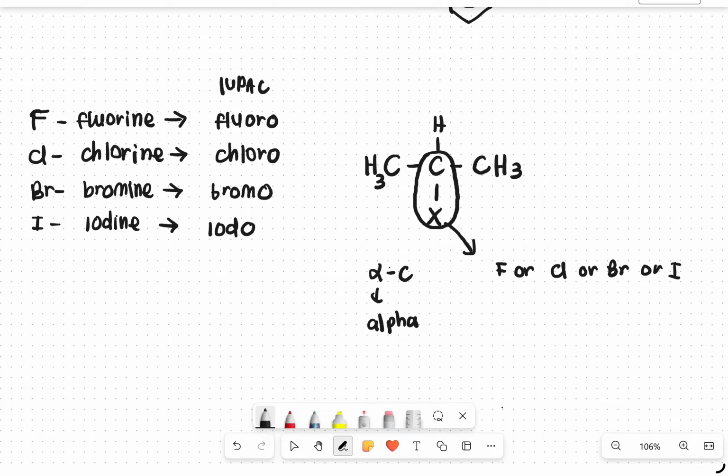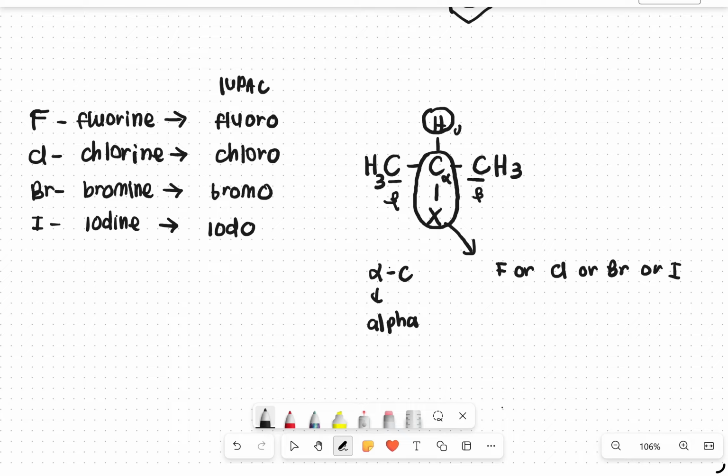If I say alpha carbon, you need to know where your alpha carbon is. Alpha carbon is the one attached directly to the halogen, whereas the adjacent carbon next to the alpha carbon, we call it beta carbon. How about this H? H here is attached to this alpha carbon, right?